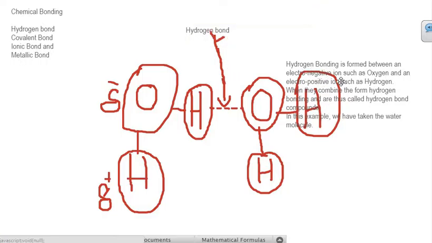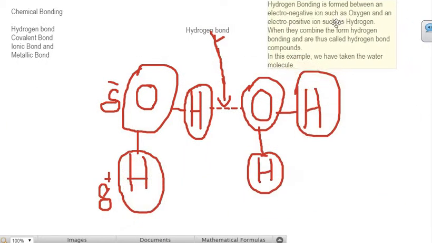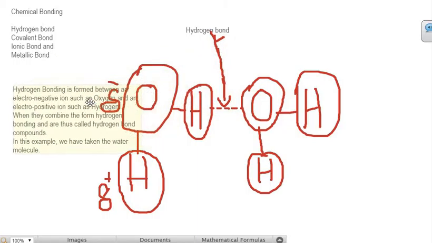So let me just select this and get this to the side. Hydrogen bonding is formed in between an electronegative ion such as oxygen and an electropositive ion such as hydrogen.